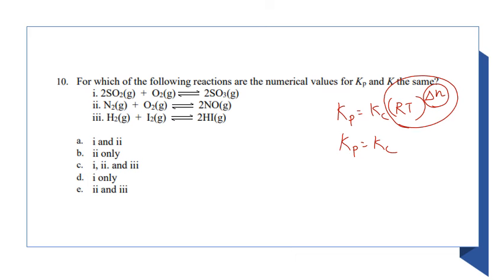In this case we have 2 moles here, 1 mole here, 2 moles here. Product minus reactant will be negative 1. In this case 1, 1 and 2, so 2 minus 2 will be 0. And in this case 1 plus 1 and this one will be 2, so 2 minus 2 equals 0. So the reactions where the numerical values of Kp and Kc are the same are 2 and 3. So the answer will be E.